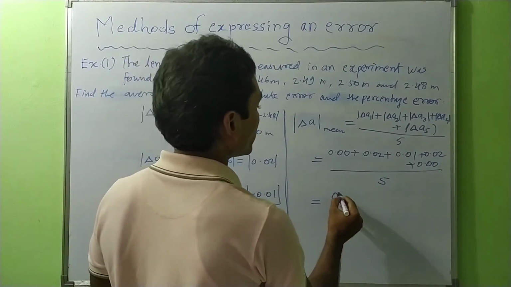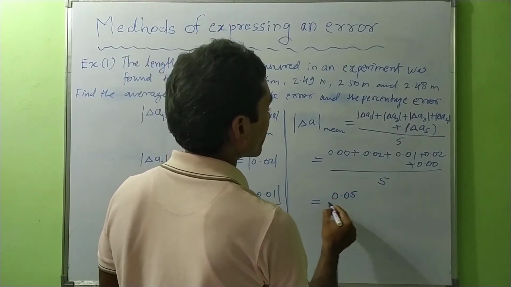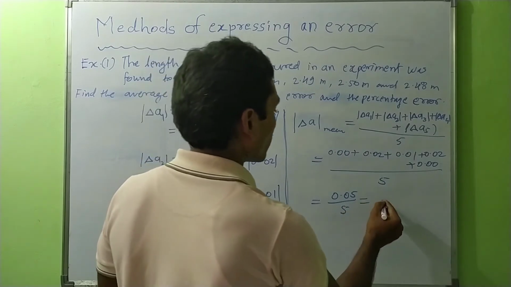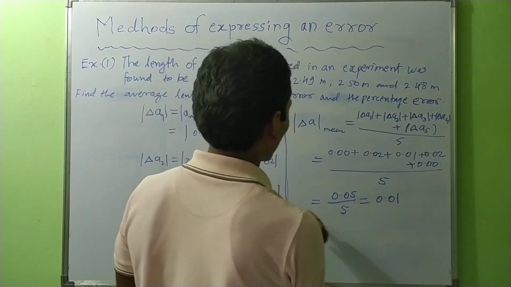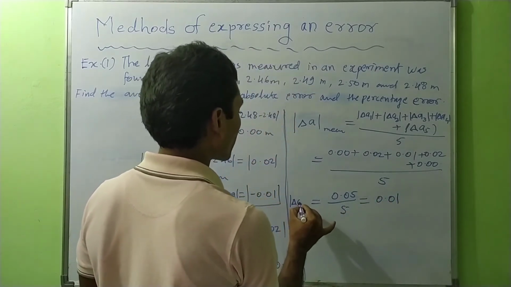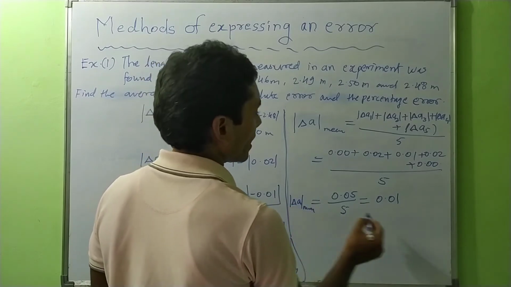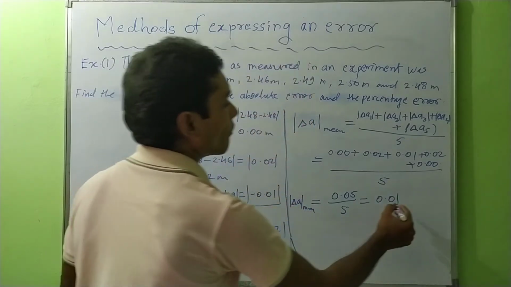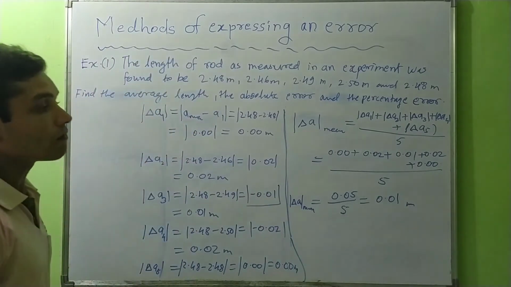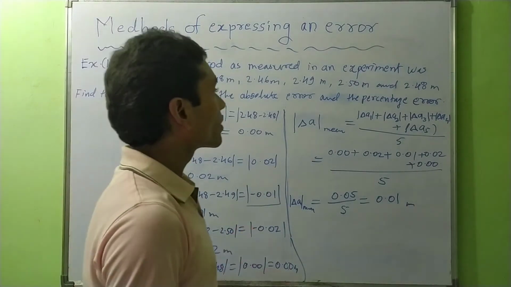That is 0.05 upon 5, or 0.01. This is the mean absolute error, and it is equal to 0.01 meter.